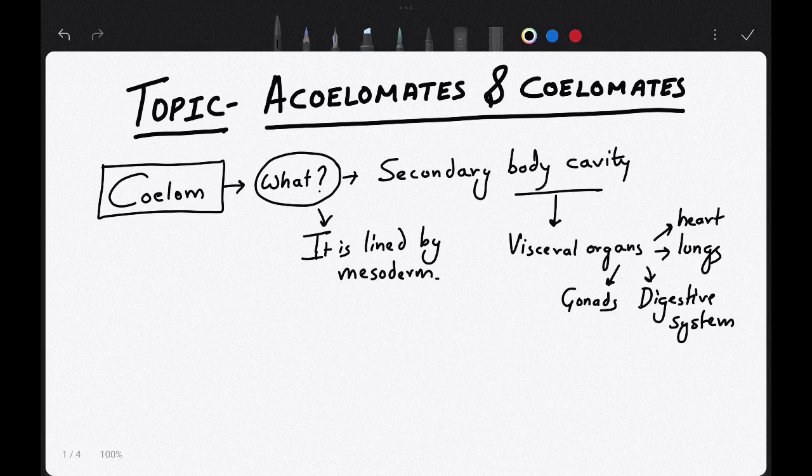Now you need to know that the coelom arises from the splitting of mesoderm during embryonic development. You know what embryonic development is? After fertilization, the zygote develops into an embryo, and during the embryonic development, the coelom is formed from the splitting of mesoderm.